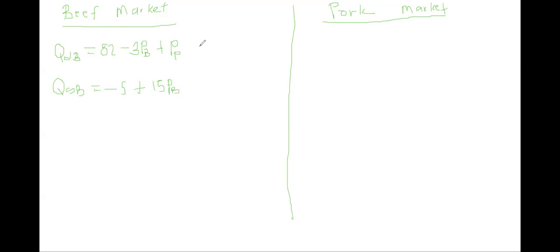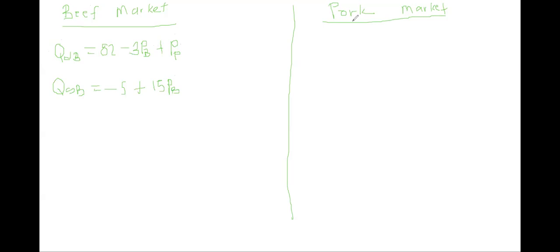This is the quantity, and this P is the price of pork. We should know that PP, with subscript P, is the price of pork, and PB is the price of beef. If you look at this, the quantity demanded of beef depends on the price of beef and also the price of pork. The quantity supplied of beef only depends on the price of beef.